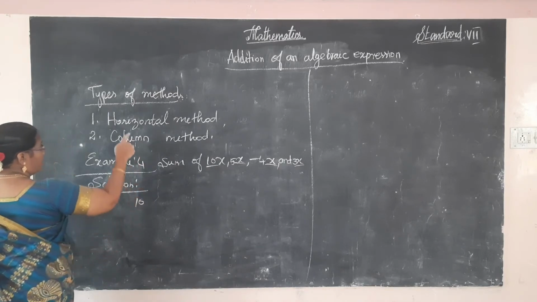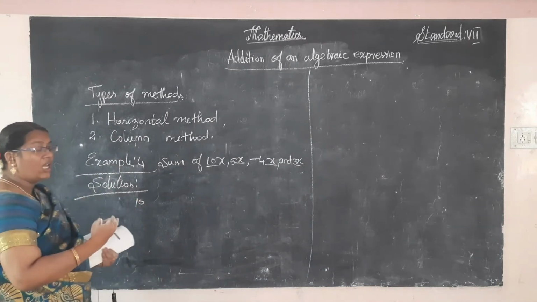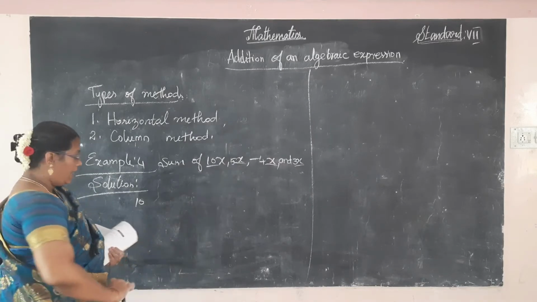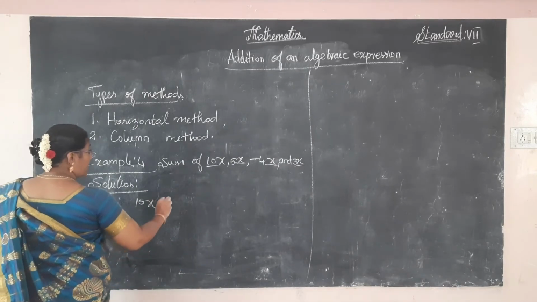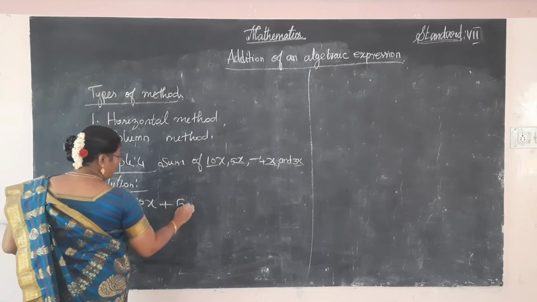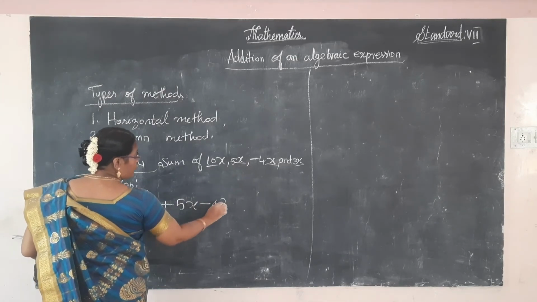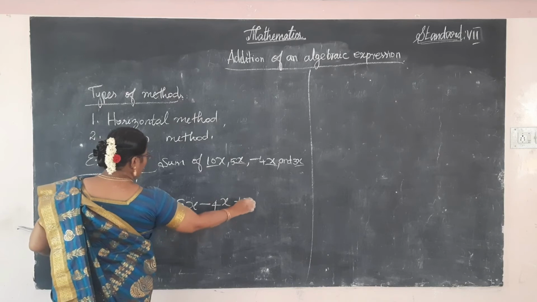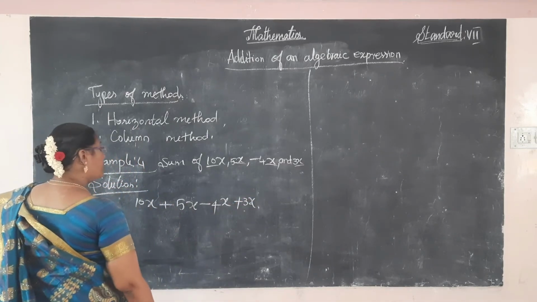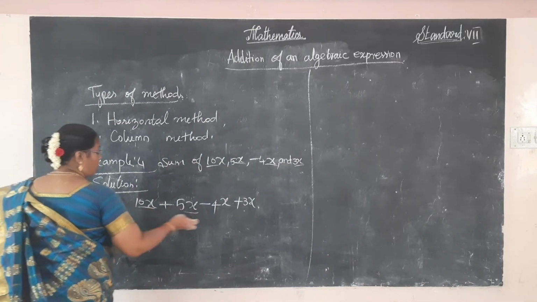Solution. First we apply the horizontal method. Horizontal method means we arrange the like terms in a horizontal line. So 10x, plus, addition, so we use the plus symbol, 5x. The term is negative, so minus 4x plus 3x. First add all the positive values.